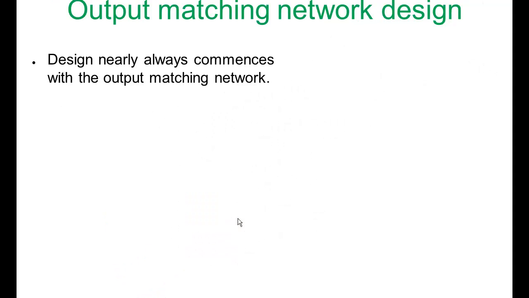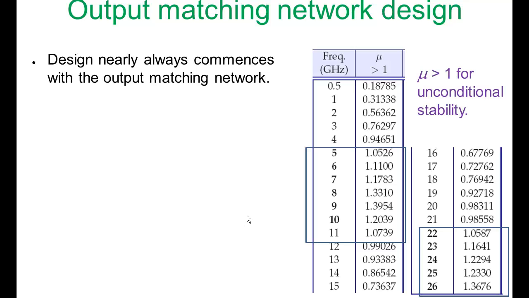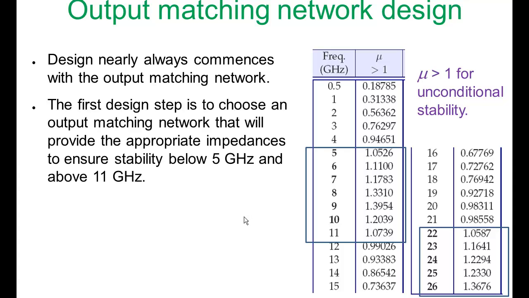Now the design nearly always commences with the output matching network. We cannot design the input and output matching networks simultaneously. We don't know how to do that. The first process is to choose an output matching network that will provide the appropriate impedances to ensure stability below 5 GHz and above 11 GHz in this case.